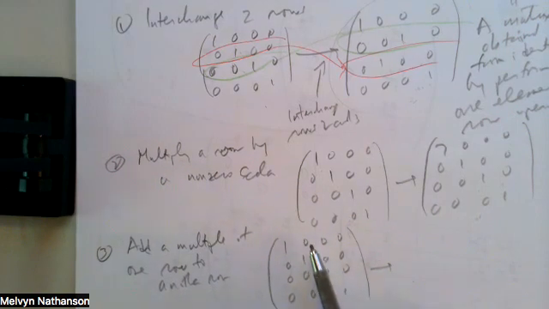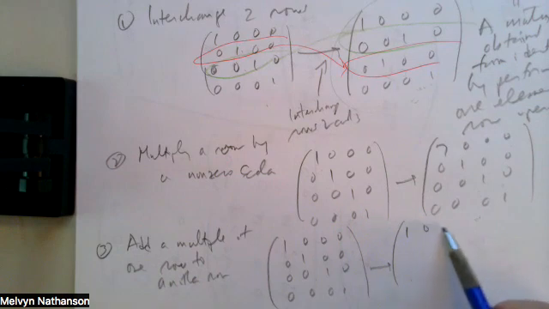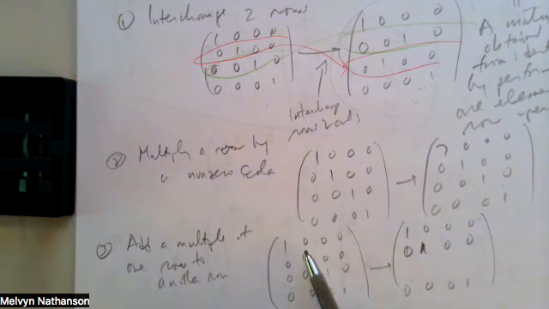Suppose I multiply the first row by 4 and add it to the third row. So I don't change the first row. I don't change the second row. I don't change the fourth row. But if I multiply the first row by 4 and add it to the third row, I get 4, 0, 1, 0. So this is another elementary row operation.